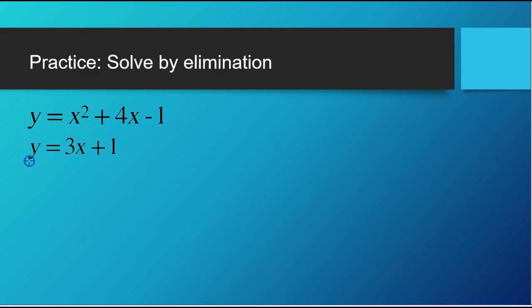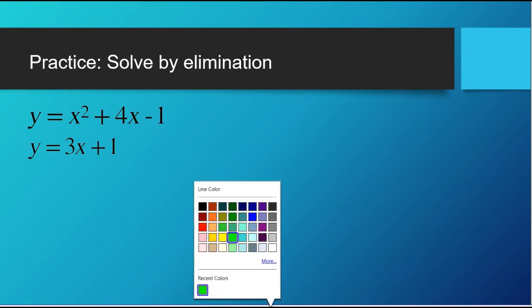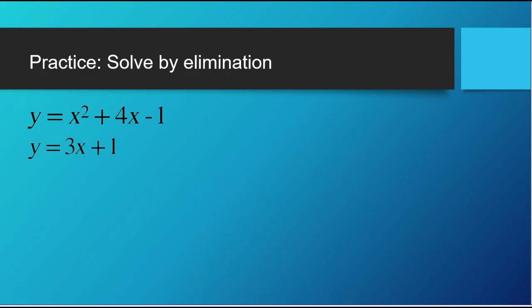So I'm going to multiply this second equation here by -1. So my first equation I'm going to leave alone and have y equals x squared plus 4x minus 1.